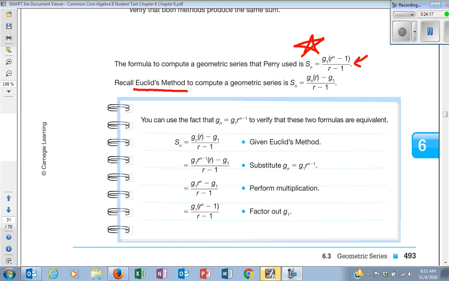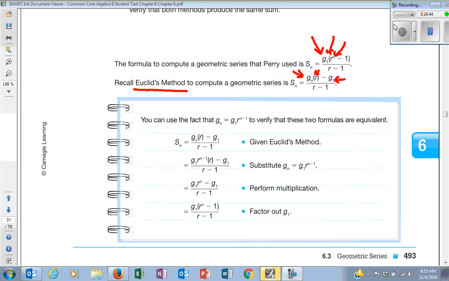So if you look, this guy right here, you need the last term, you need the common ratio, and you need the first term. That's what we've talked about so far in class. But now we've got this new formula, which says you need the first term, you need the common ratio, and you need the term number, and that's all you need.